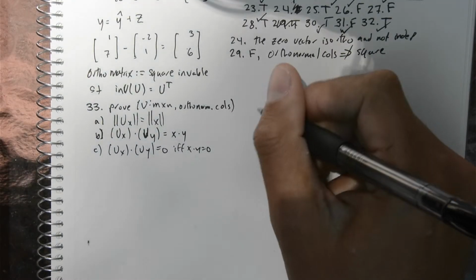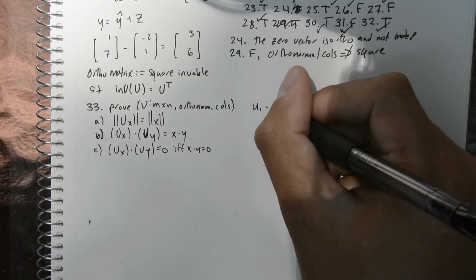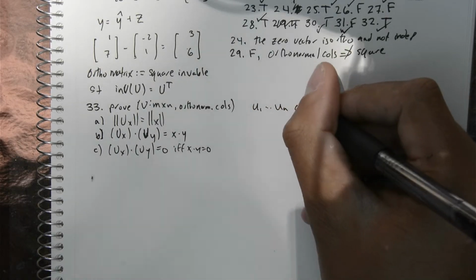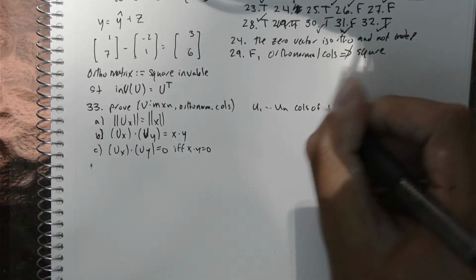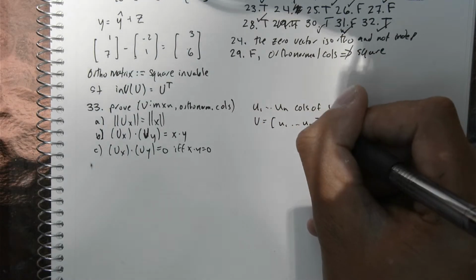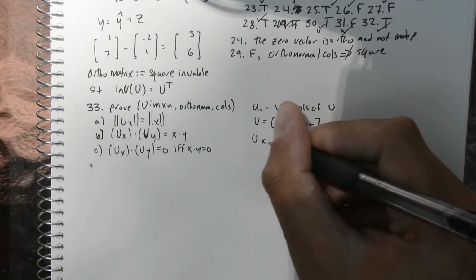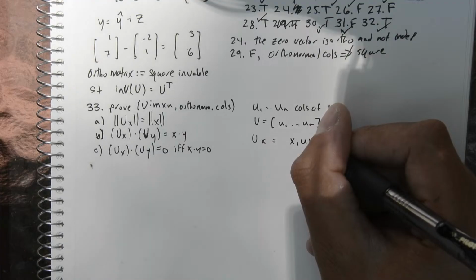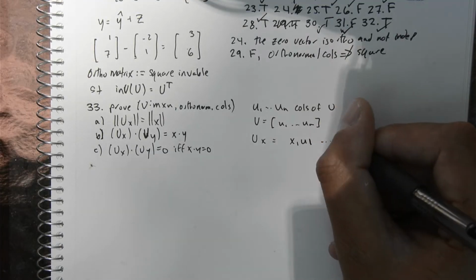Okay, so if u1 to un are the columns of U, so U is equal to [u1 ... un], then Ux is going to be equal to x1 u1 plus dot dot dot plus xn un.